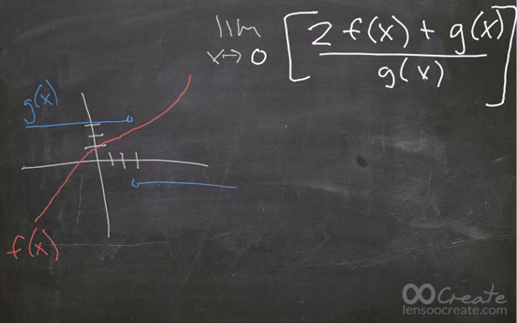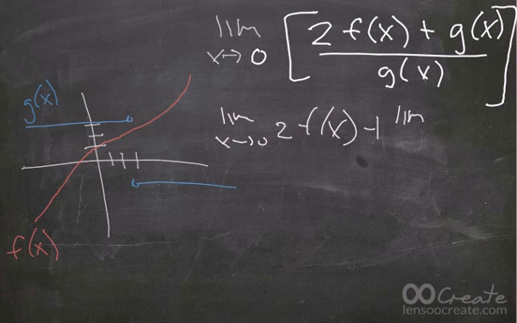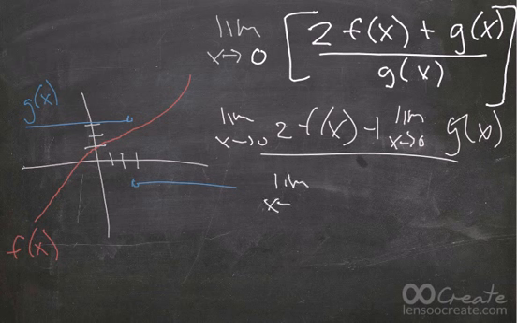So let's look at one last example, and looking at this function like last time, we should break it up into its parts. So that would be the limit as x goes to 0 of 2 f of x plus the limit as x goes to 0 of g of x, all over the limit as x goes to 0 of g of x. So as we continue to simplify, we can see that there's a coefficient of 2 in front of the f of x.